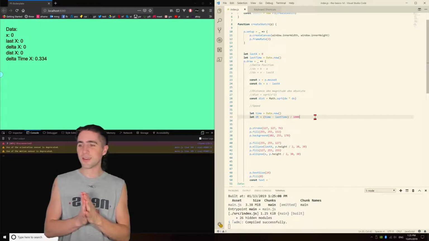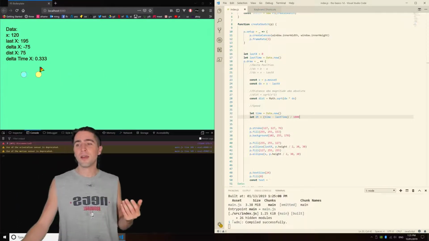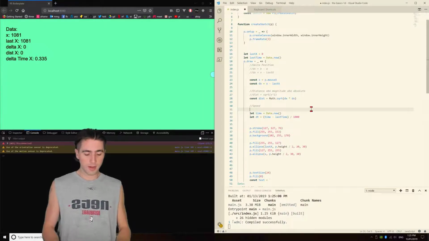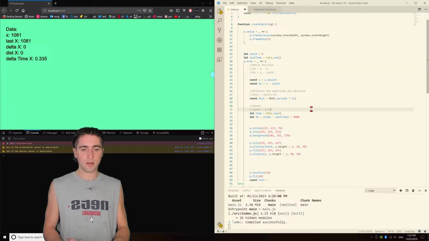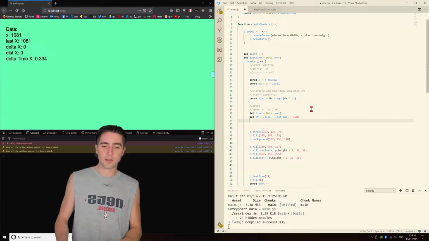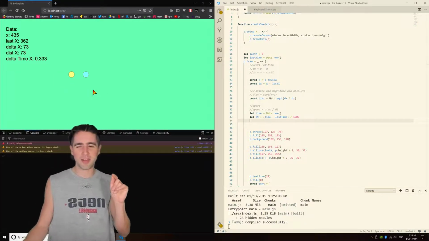Our distance is, let's see, if our distance is like 100, then I'm just going to go ahead and write the formula out so I don't get confused. We're going to say our speed equals our distance over delta time. Actually, I really should figure out if I can do it in my head first. All right.